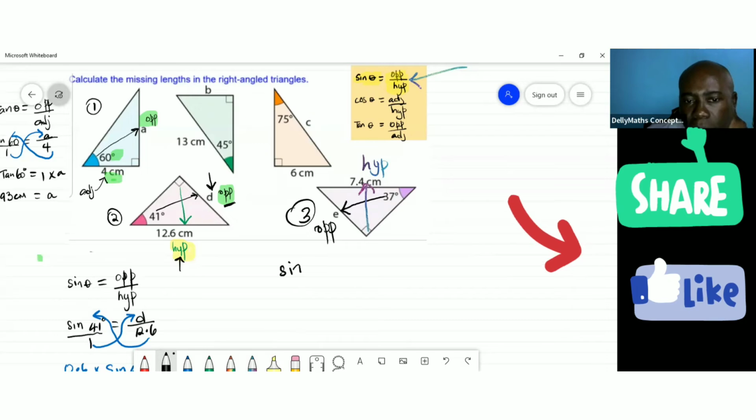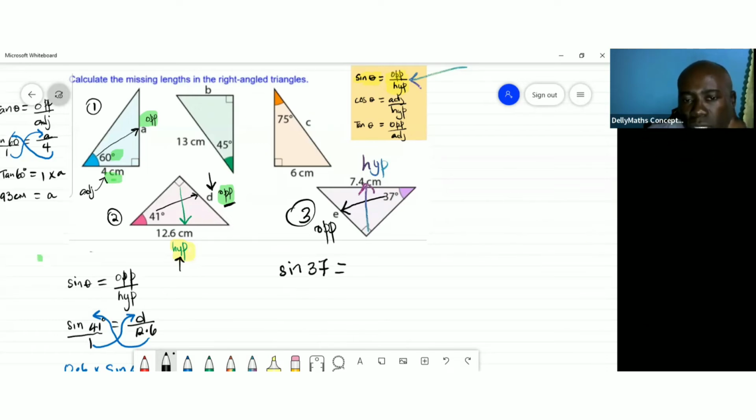This time, we have the sine of 37 degrees is equal to E over 7.4.